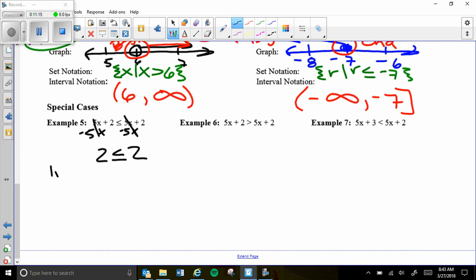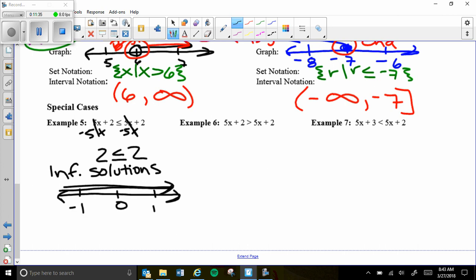Yes, so in this case, we have infinite solutions. If you get a statement that is true, in this case, 2 is less than or equal to 2, it's infinite solutions, and in order to graph that, you just put a line going over all the numbers. So it covers all the numbers.